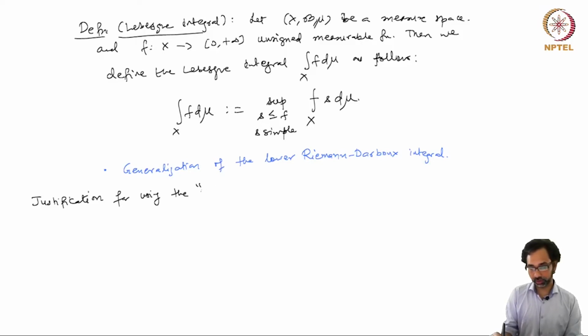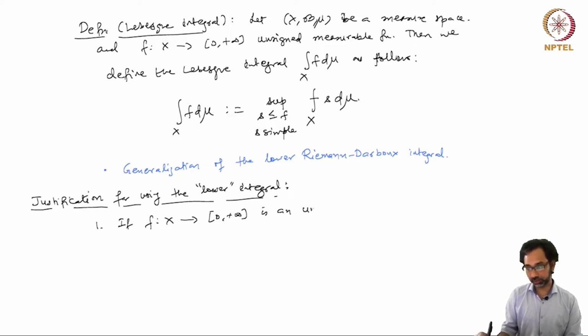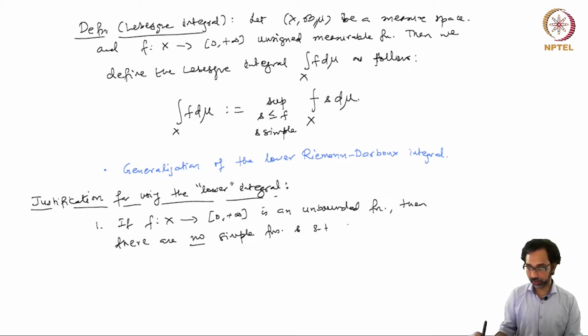Using the lower integral: first, if f is an unbounded function, then there are no simple functions s such that f is bounded above by s.